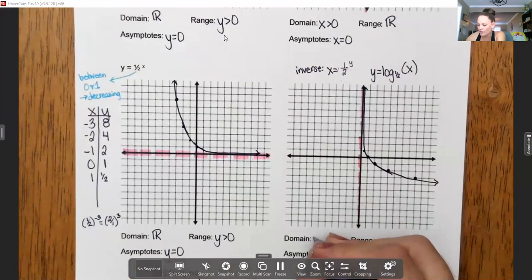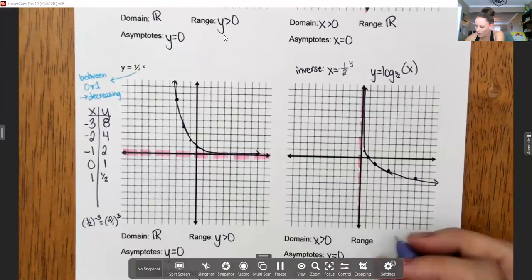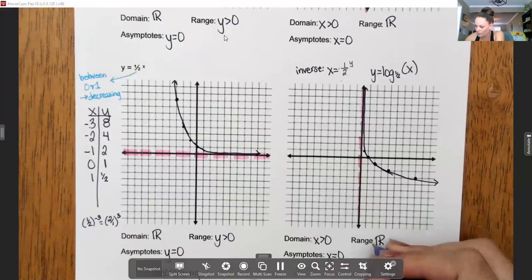And then following the same pattern, the domain is x is greater than 0 with the asymptote at x equals 0, and the range is all real numbers.